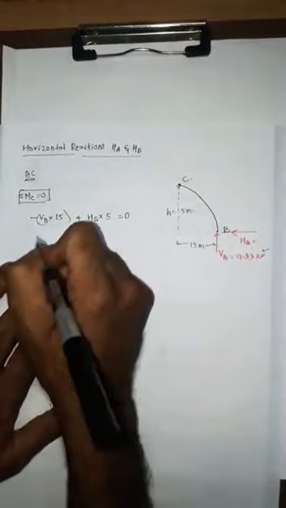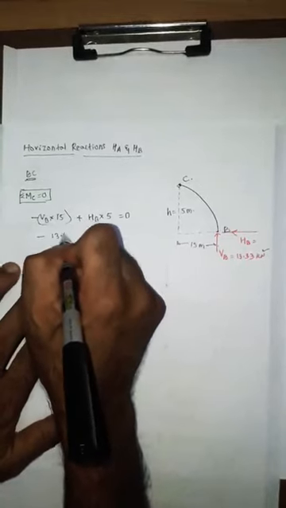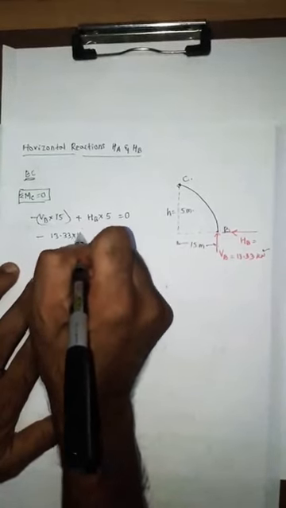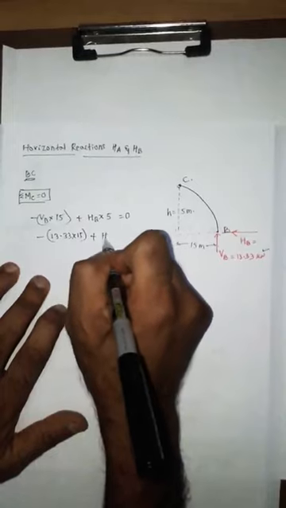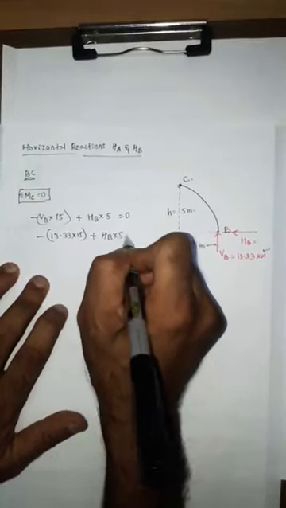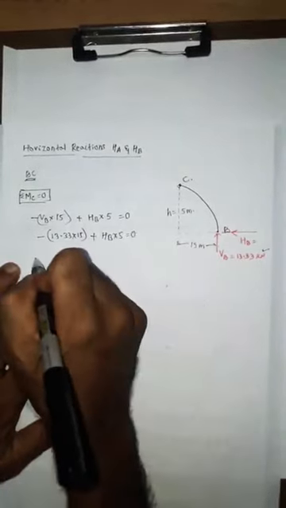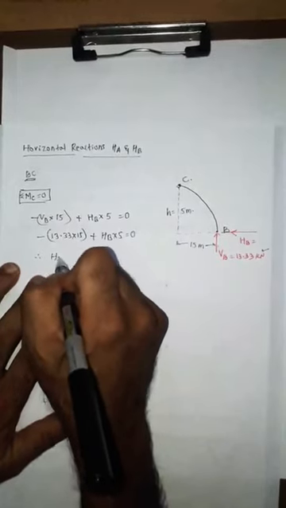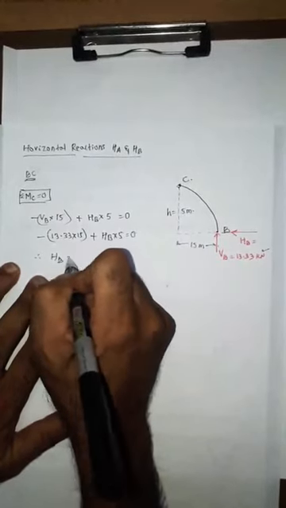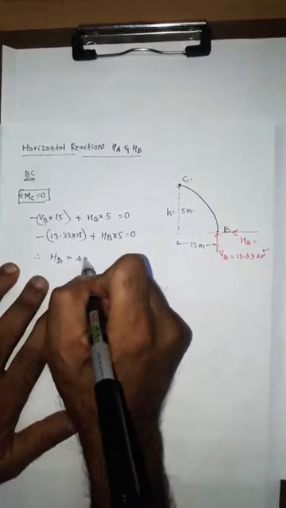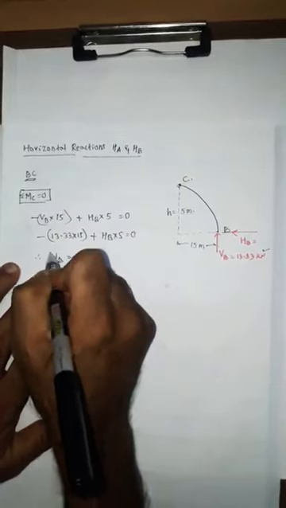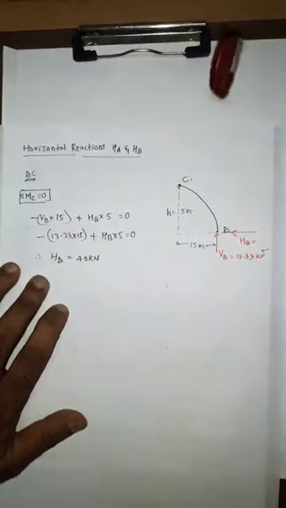VB is already known: minus 13.33 into 15 plus HB into 5 is equal to 0. From this equation, you can find the reaction HB is equal to 40 kilonewton.